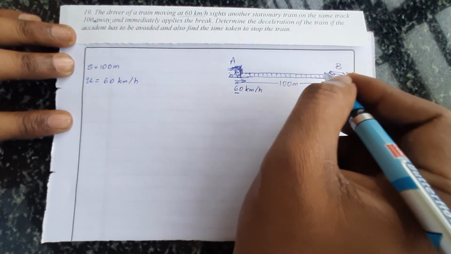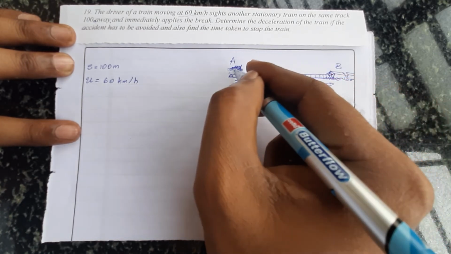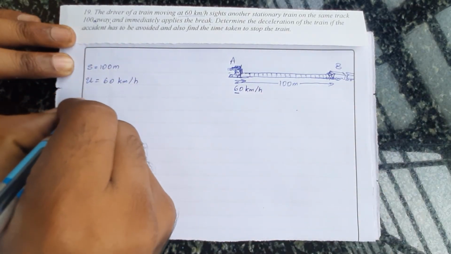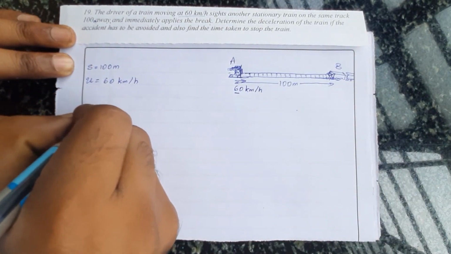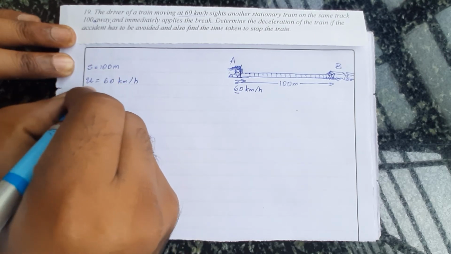Now what is the final speed? Final speed should be 0 because train A should come to rest. So V is equal to 0 meter per second. We need U in meter per second.